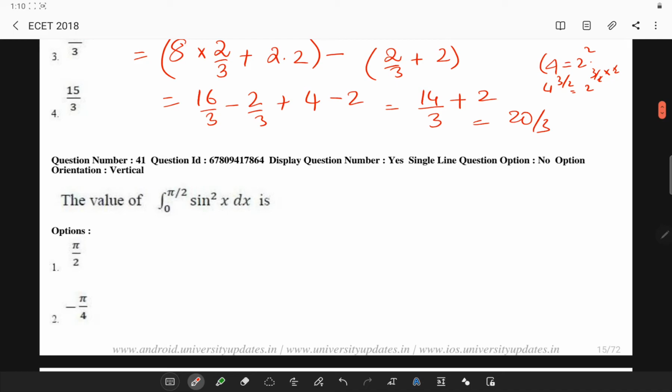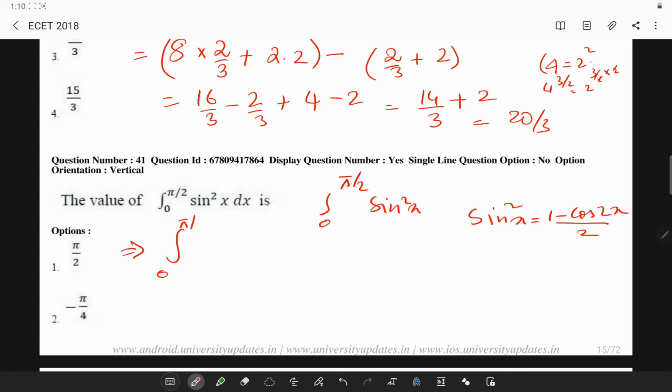So here you have the integral from 0 to pi by 2 of sine square x. Here you have to remember, you can write sine square x as (1 minus cos 2x) by 2. If you substitute it, the integral from 0 to pi by 2 of (1 minus cos 2x) by 2 dx.